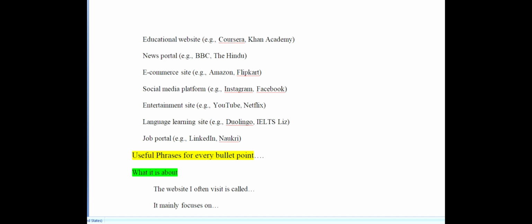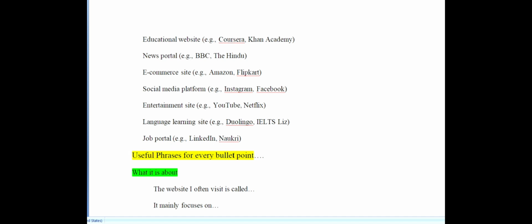E-commerce sites like Amazon, Flipkart. Then social media platforms like Instagram or Facebook. Entertainment sites like YouTube and Netflix. Language learning sites like Duolingo or IELTS Liz. Then job portals like LinkedIn and Naukri.